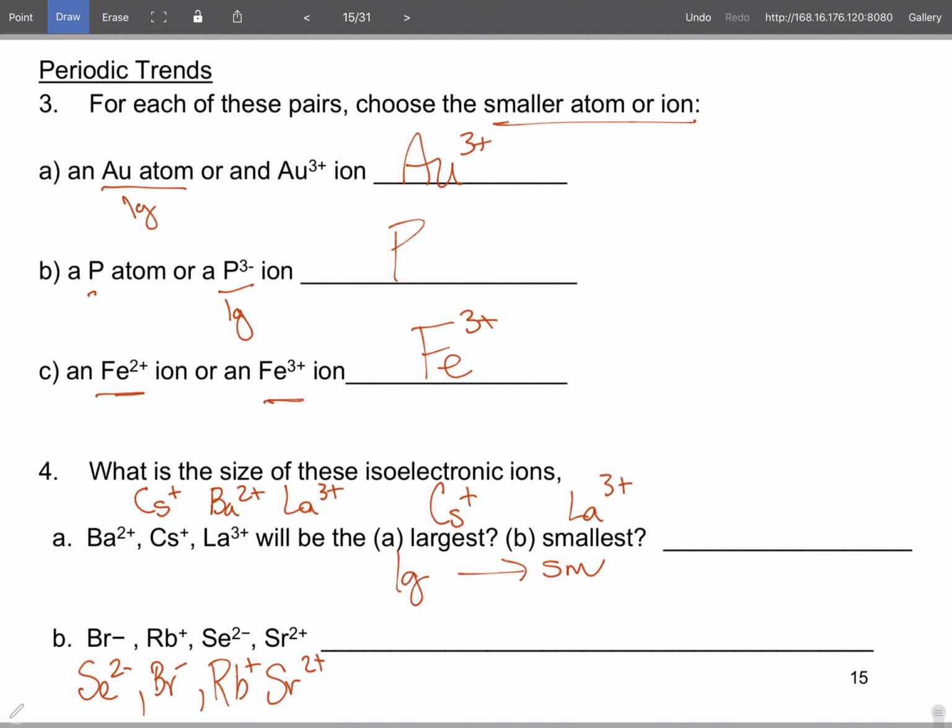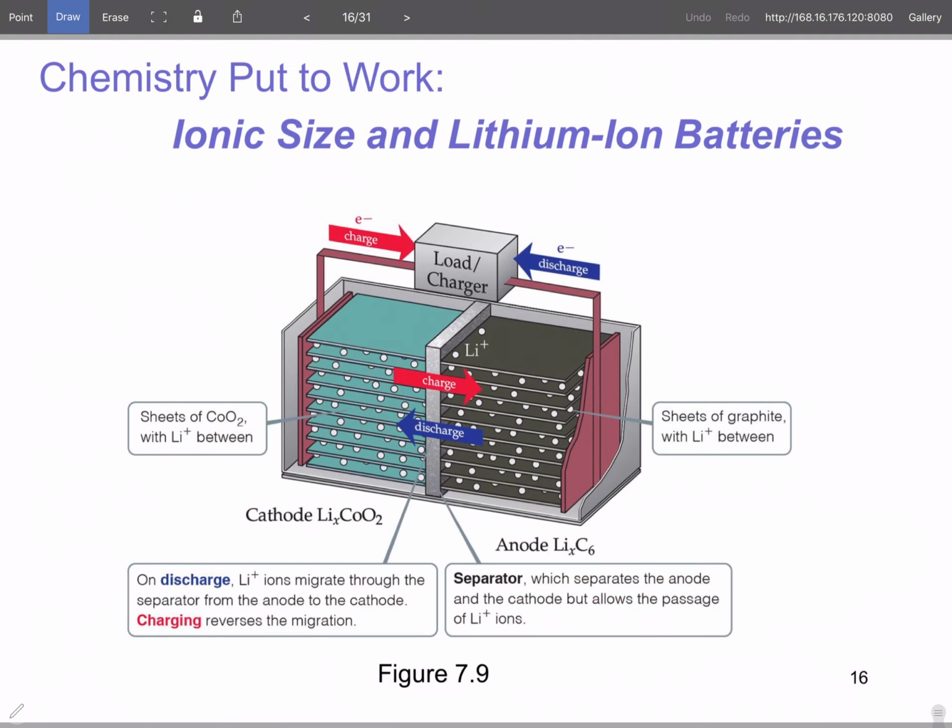So again, the negatives, 2 minus is going to be greater than 1 minus, which is going to be greater than the rubidium plus 1 charge, and the smallest will be the one that lost the most electrons. Okay, and these are all isoelectronic, and the beauty of that is we know they're connected together, so they have the exact same number of electrons.